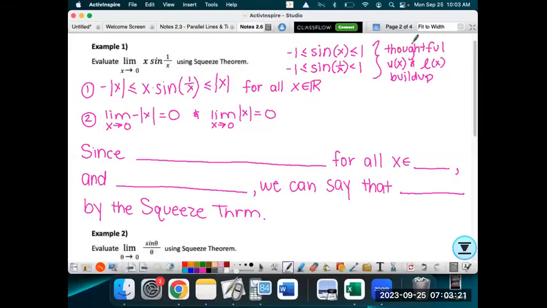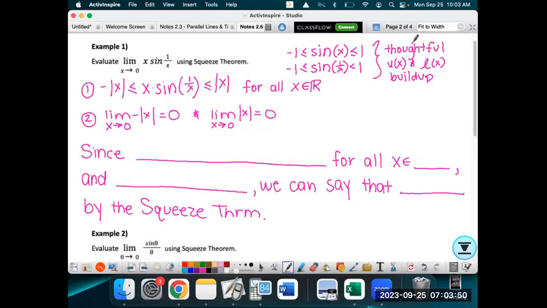So you can go ahead and write this sentence in both this example and towards the end of the next example. The blanks are basically for our criteria. So since first criteria is met and second criteria is met, we can say whatever the conclusion is by the squeeze theorem. So I want you to pause the video now. Continue writing the sentence, and I want you to fill in the blanks.